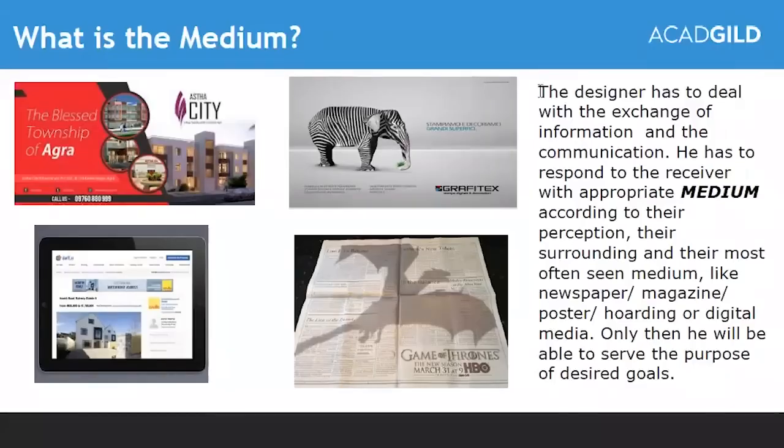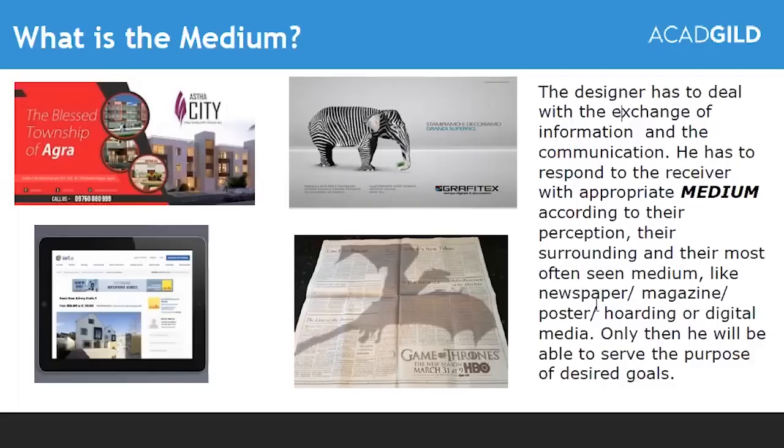So here it's talking about how the designer has to deal with the exchange of information and the communication. He has to respond to the receiver with an appropriate medium according to their perceptions, their surroundings, and their most often seen medium, like newspaper, magazine, poster, hoarding, or digital media. Only then will he be able to serve the purpose of the desired goal.